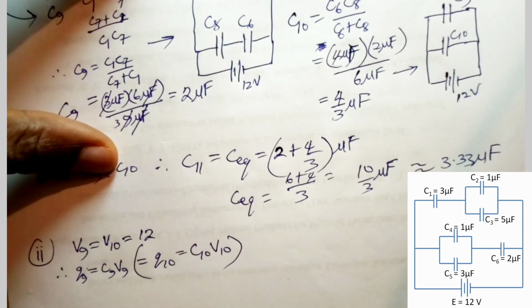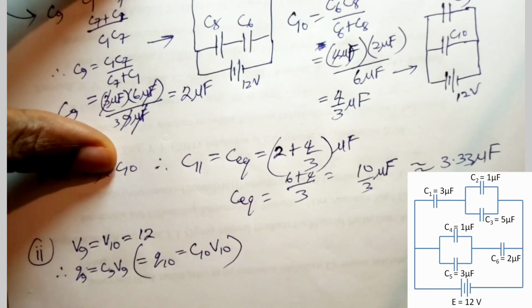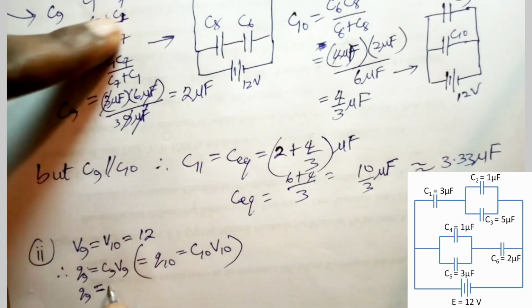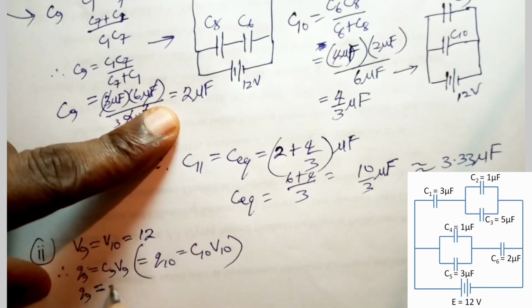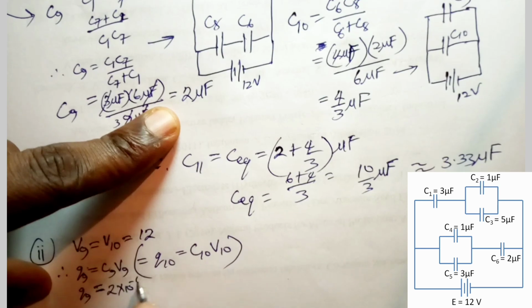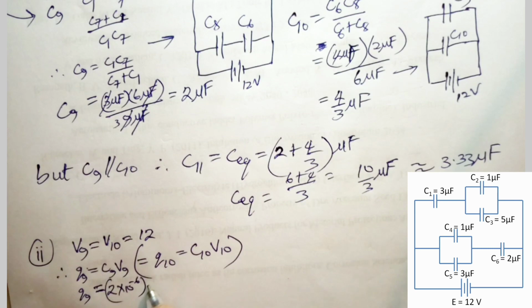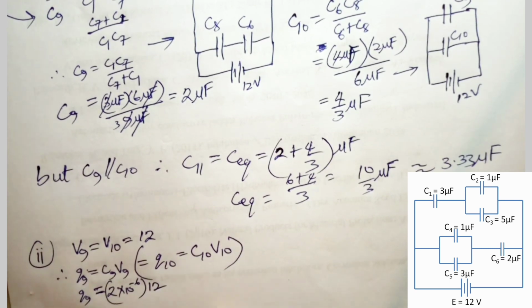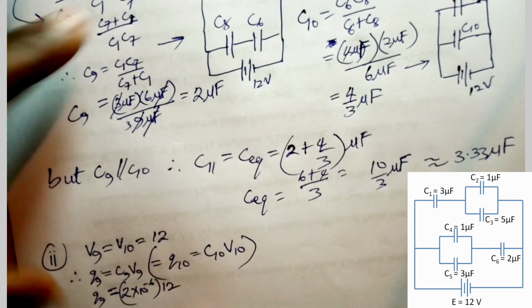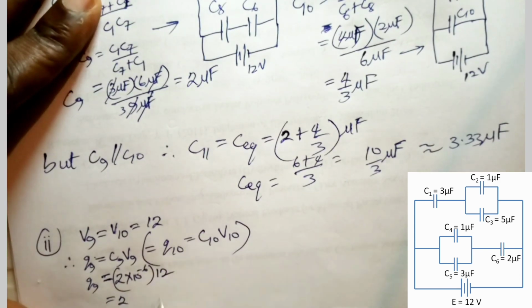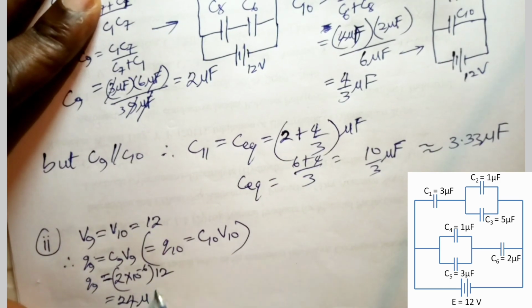So from here we find that Q9 is equal to C9, which is 2 microfarad, so 2 times 10 raised to the power minus 6 times 12, and that will give us 24 microcoulomb.